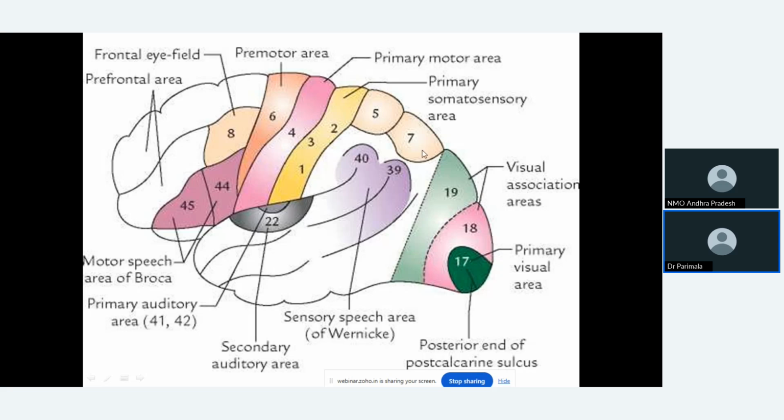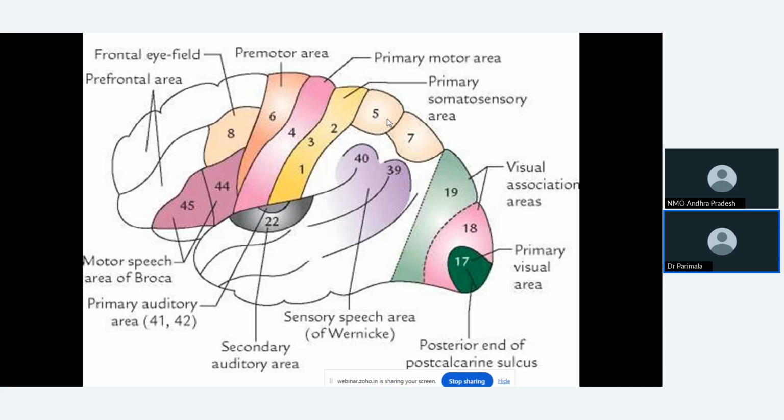5 and 7 are called sensory association areas. What is this association? Understanding the touch, interpreting the touch, recognizing the touch. That means, is the touch related to a book, blunt object, sharp object? You can recollect by just touch.